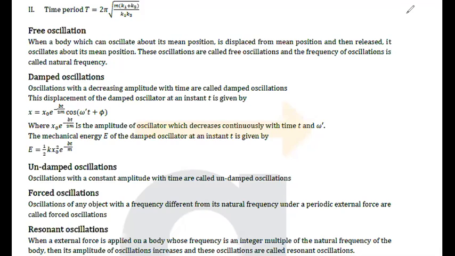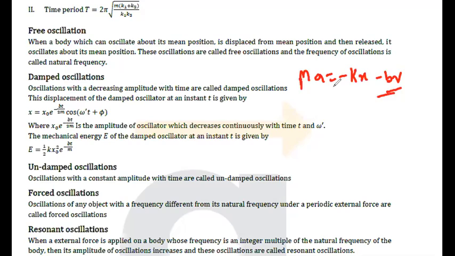Yes or no? So I can say in that case, ma is not equal to minus kx. It is equal to minus kx minus bv, where bv is your damping force.